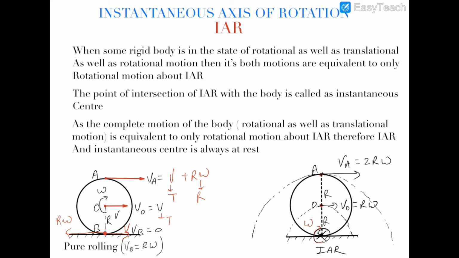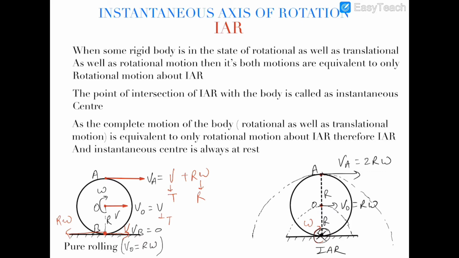So now we know that point B is at rest, and hence let us name that point B as the instantaneous center of rotation, and let us assume that there is an axis which is passing through that point B, and it is perpendicular to the plane containing this screen. So this axis is known as the instantaneous axis of rotation, IAR.